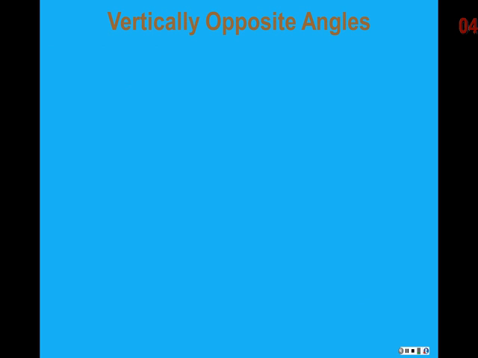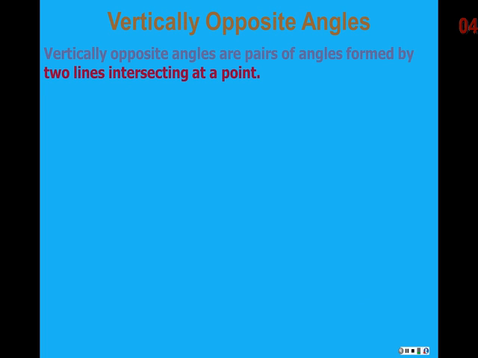Vertically opposite angles, you guys have seen this before. Vertically opposite angles are pairs of angles formed by two lines intersecting at a point. So you have to have two lines intersecting, and then what I told you guys to remember is opposite angles are congruent, or opposite angles are equal is the way that we were saying it.